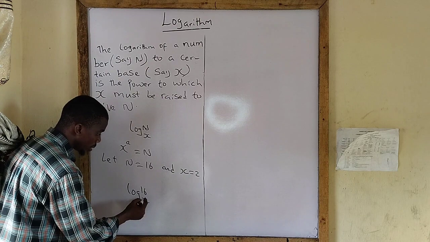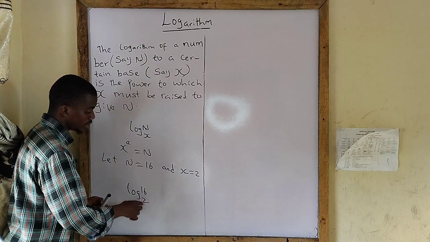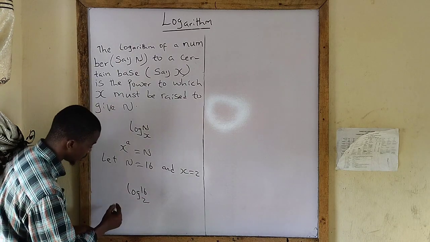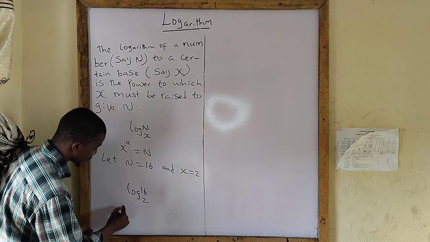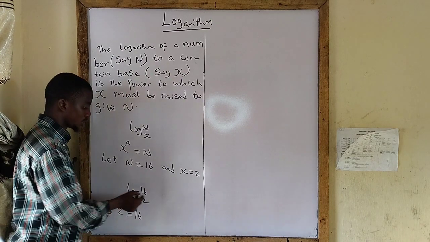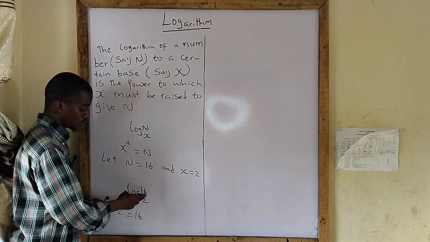We don't know the power, so let the power be x. We say 2 raised to the power of x equals 16. This is the exponential form of this logarithm.